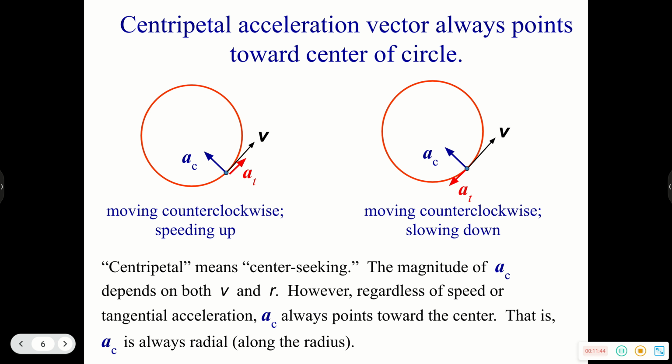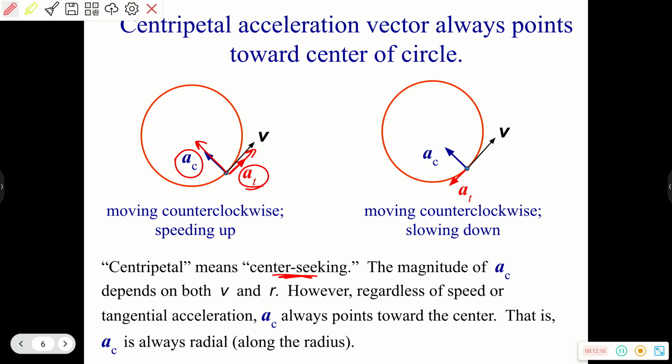The centripetal acceleration vector will always point towards the center of the circle, because remember, centripetal means center seeking. Right here, AC is always pointing in. Tangential is always pointing off the outside of the circle.